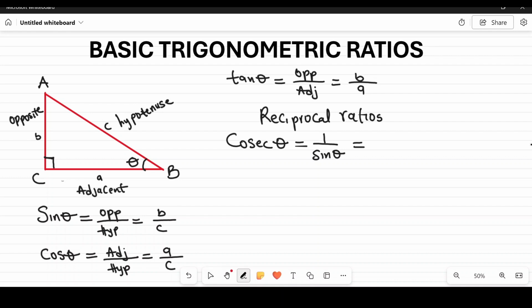So the reciprocal of this would be hypotenuse divided by opposite. Now from our right angle triangle, our hypotenuse is given as side AB, known as C. Also, our opposite is side AC, represented by letter B.